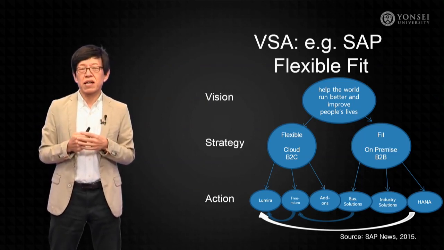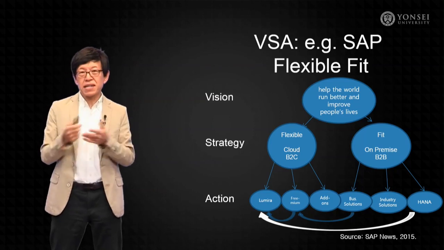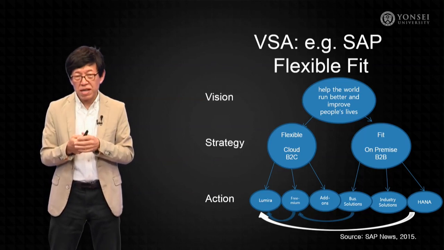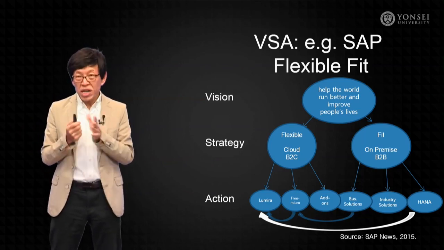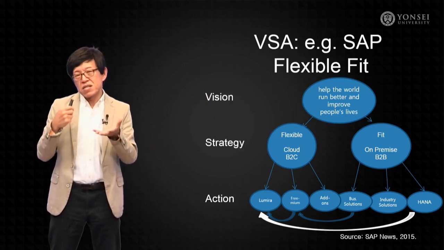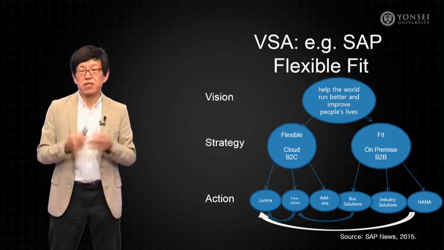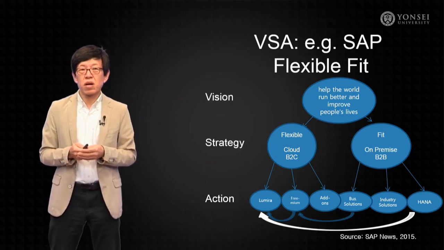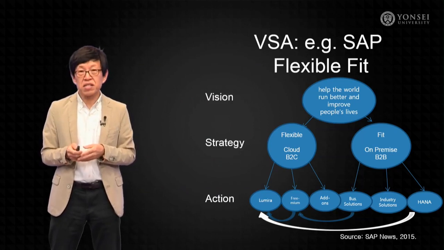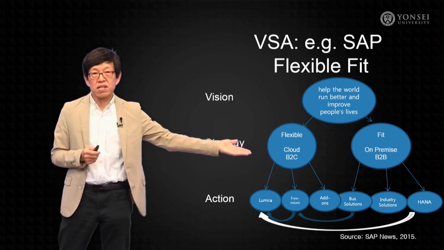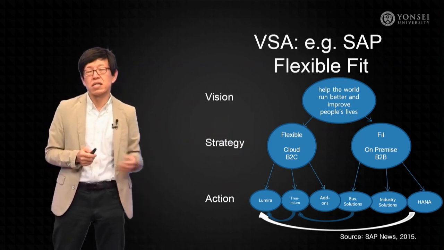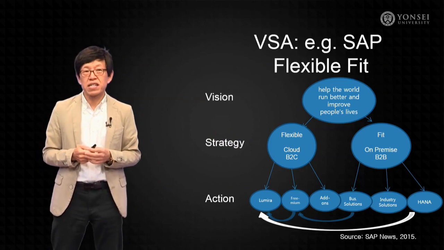And given how MIS and solutions are becoming, again, squeezed in terms of having less customized solutions come up that are cheaper, this is where I think in terms of their strategy, they can continue with their fit part, which is more on-premise, B2B, more vertical related solution providing.